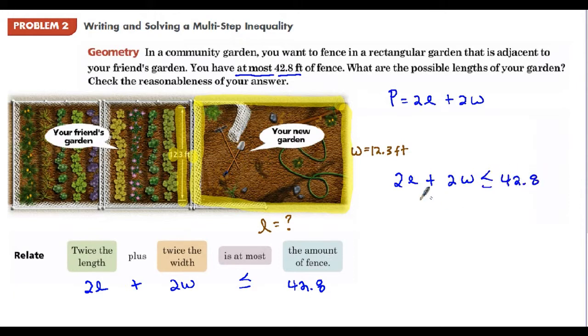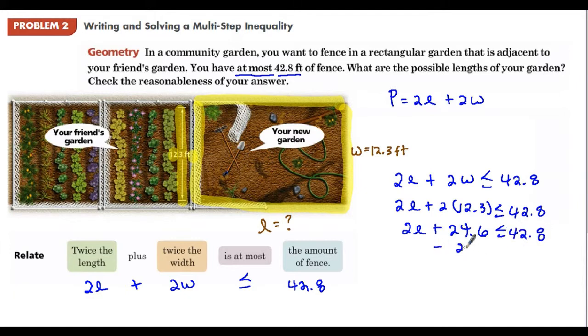Now we're going to solve for L. 2 times L plus 2 times W, or 12.3, has to be less than or equal to 42.8. We multiply 2 times 12.3, so this is 2L plus 24.6, less than or equal to 42.8.